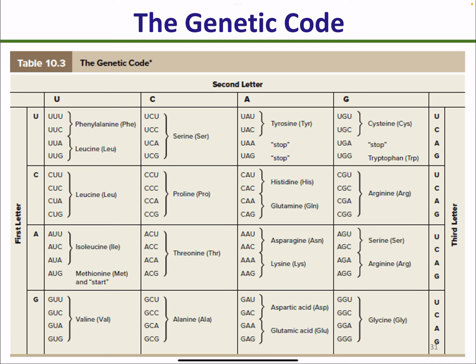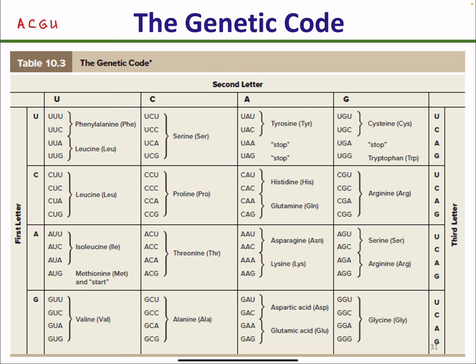Now, you remember that when we consider a messenger RNA, the nitrogenous bases are A, C, G, and U, right?